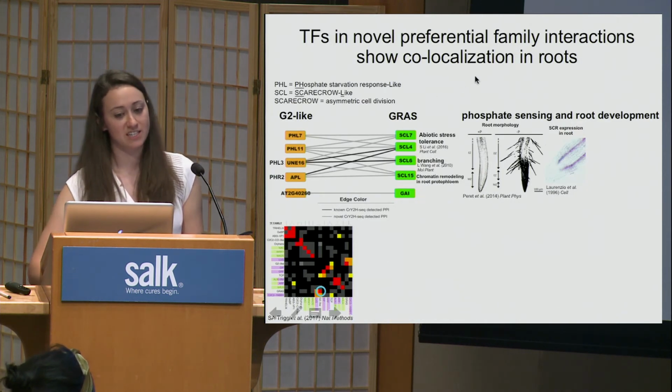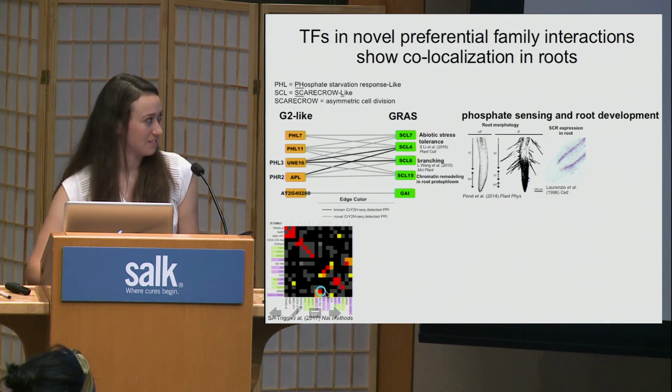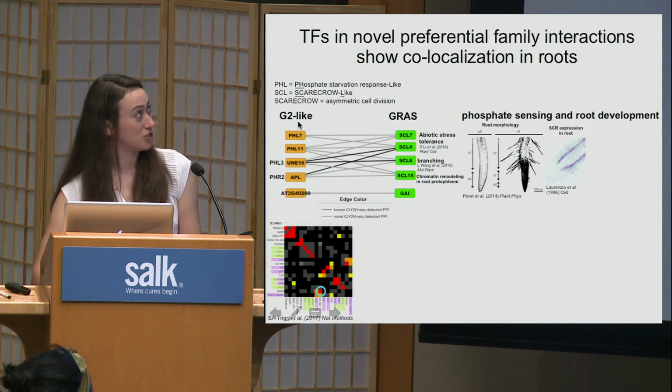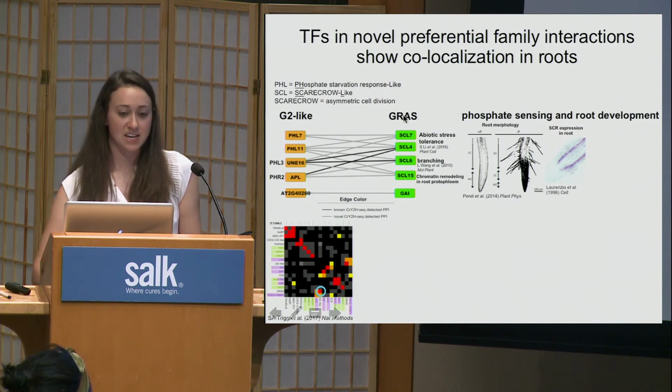Another interesting example that I picked out was interactions, where most of them are not known, between the G2-like family and the GRAS family. I saw that the G2-like family was mostly these phosphate starvation response-like factors, and the GRAS family was mostly these SCARECROW-like factors. Interestingly, when plants are exposed to low phosphate conditions, the roots start growing these root hairs.